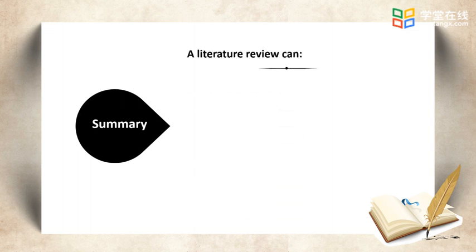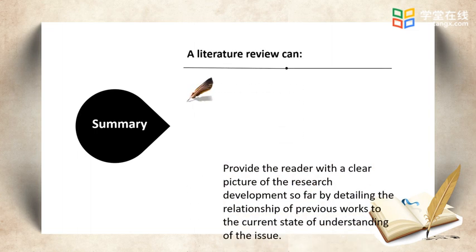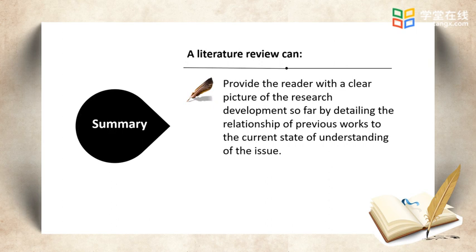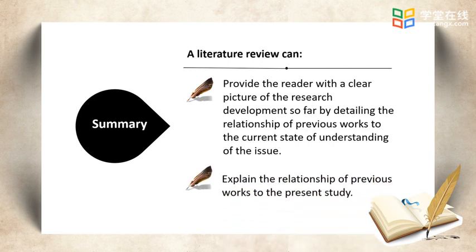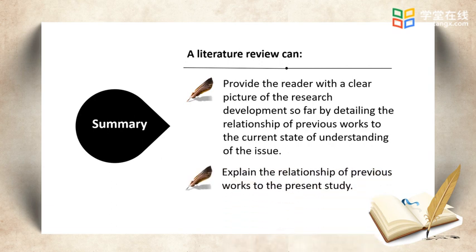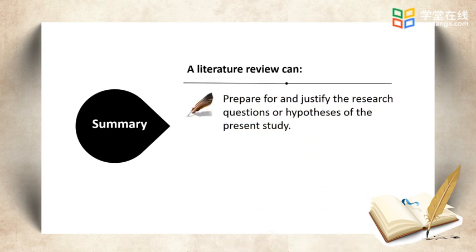Here comes the summary. A literature review can, number 1, provide the reader with a clear picture of the research development so far by detailing the relationship of previous works to the current state of understanding of the issue. 2. Explain the relationship of previous works to the present study. 3.